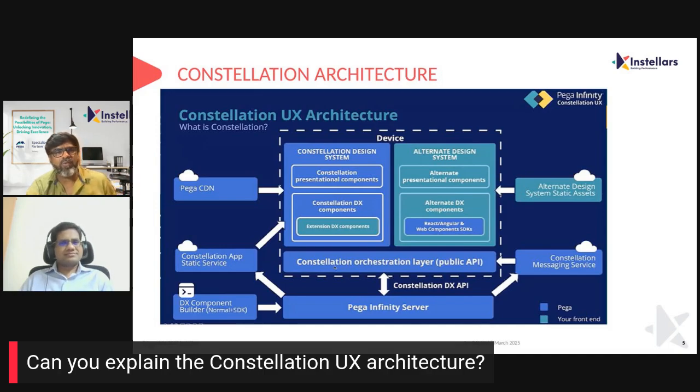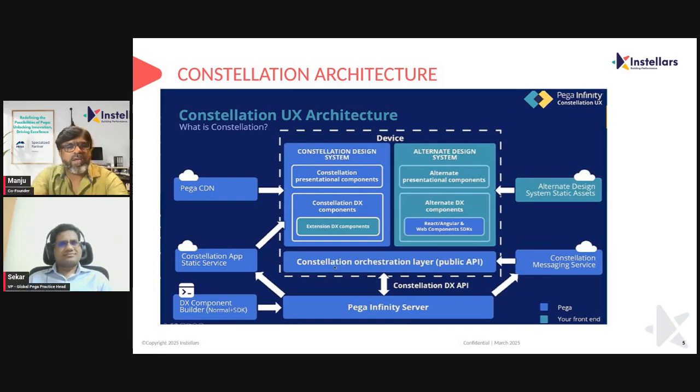That means maybe a Java application, with the UX written in Angular or React JS, and the respective APIs going back to Pega to get the business logic. So you actually have two systems: one is the front-end application, the other is a back-end application, which is Pega.